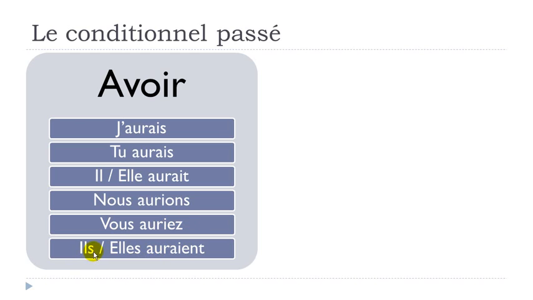Ils auraient, so liaison here. Elles auraient. And then look, if you've got A-I-E-N-T, then phonetically it goes like aurait. Okay, so phonetically you've got aurait here, aurait, aurait, and here as well, aurait. Okay, so it's quite easy to produce orally.